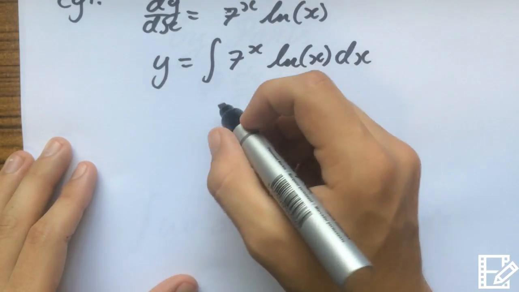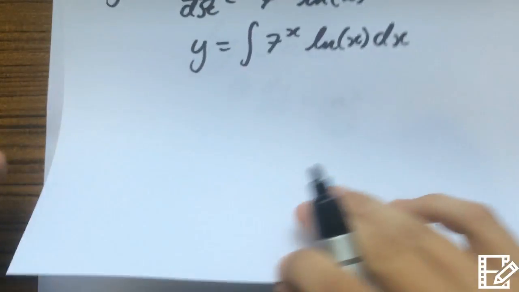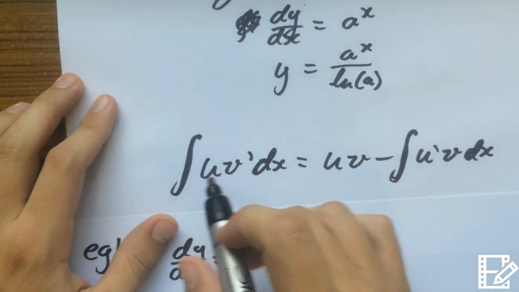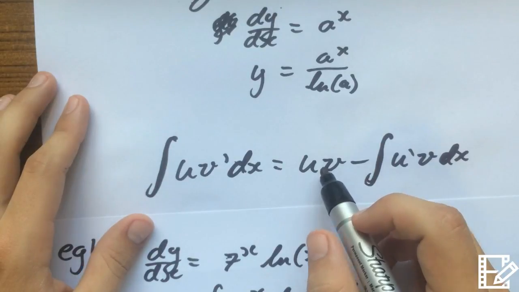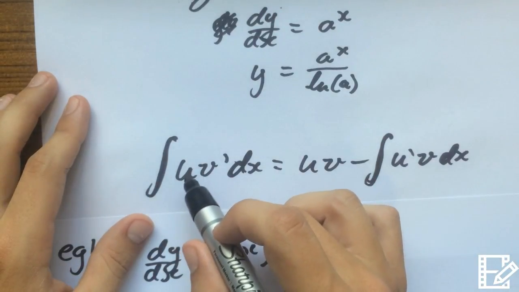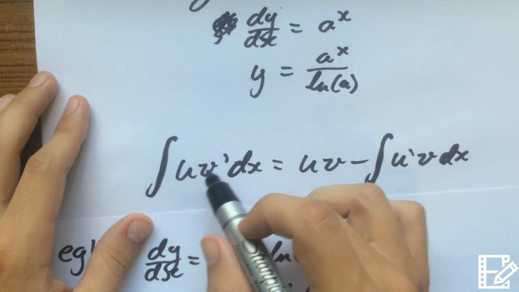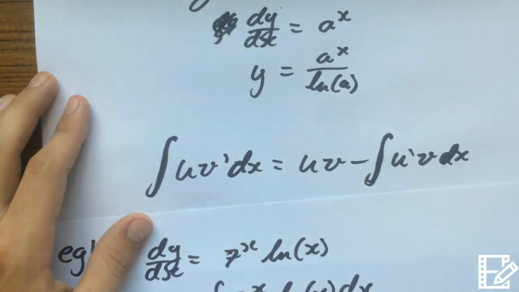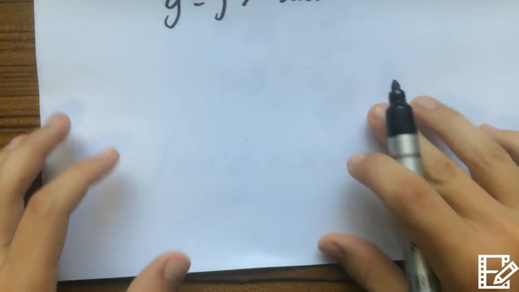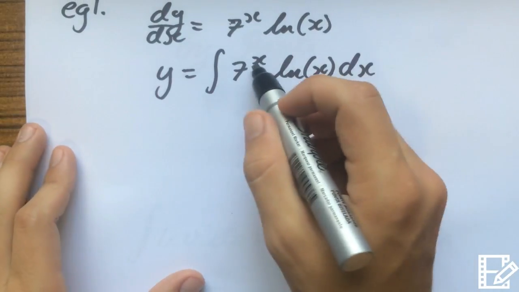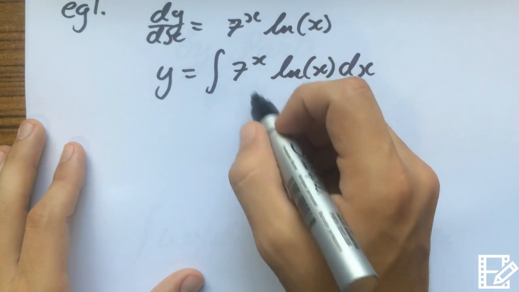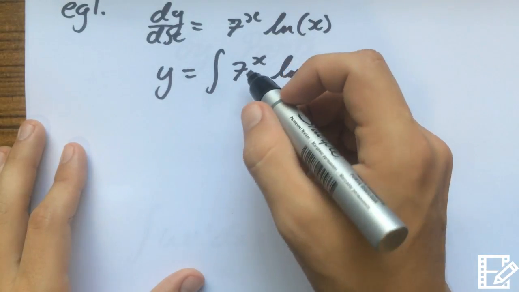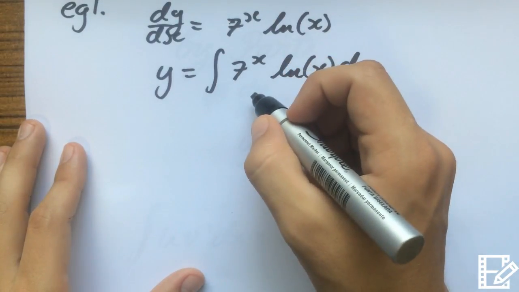Anyway, so we have a u and a v dash. We need a u dash and we need a v. Therefore, we need to turn this u into a u dash and this v dash into a v. That means we have to pick one of them to be u, and when we derive it, it has to simplify.